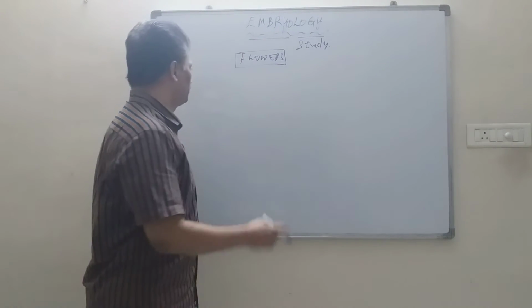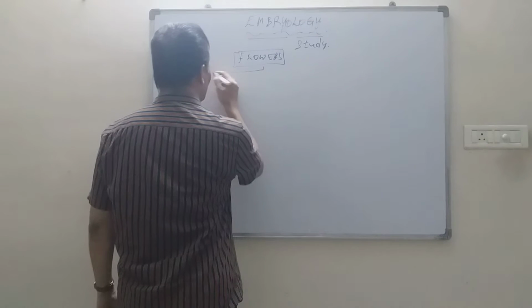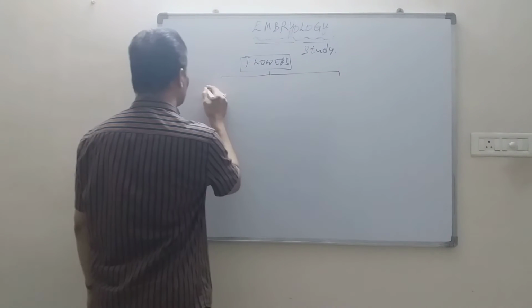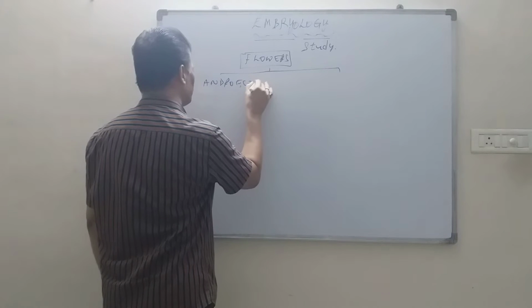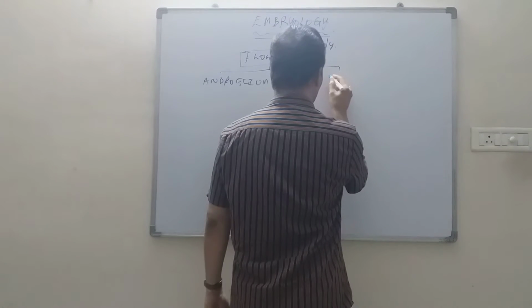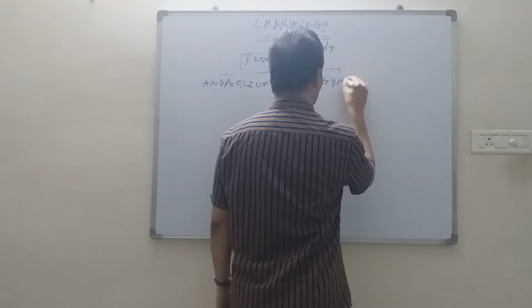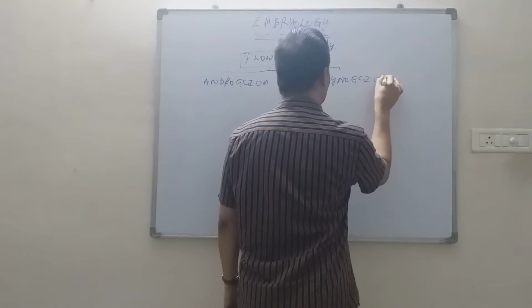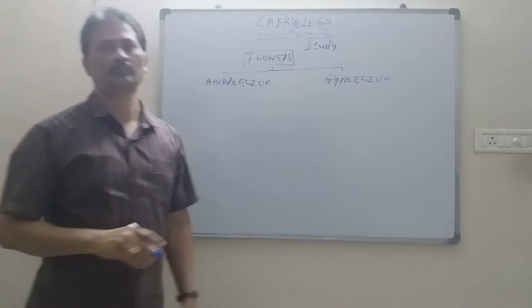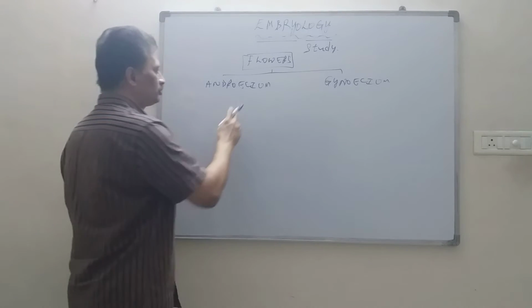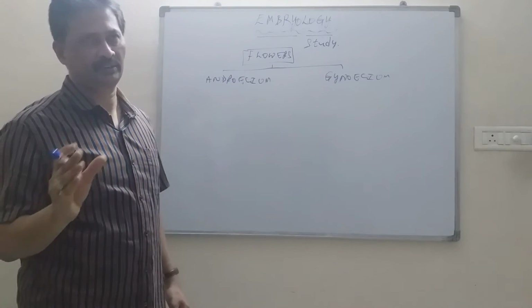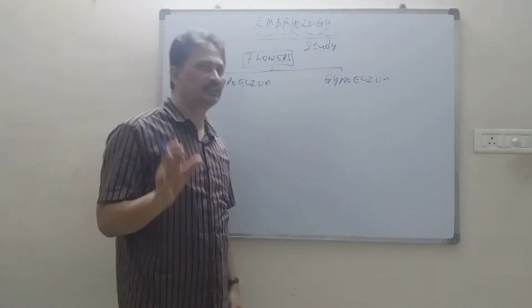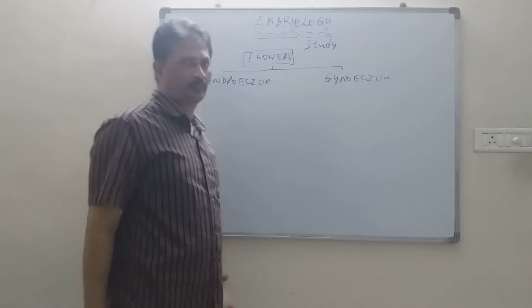So the flower consists of two essential parts. One is called the androecium and the second one is called the gynoecium. These two are together called the essential parts of the flower. That means they are essential for the reproduction process.